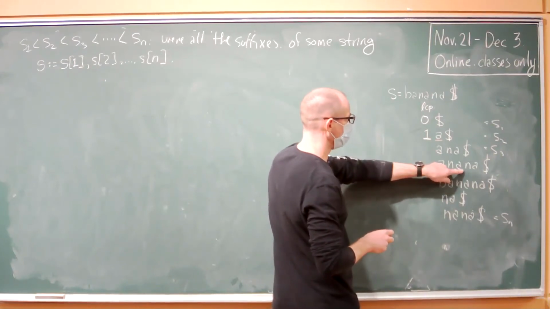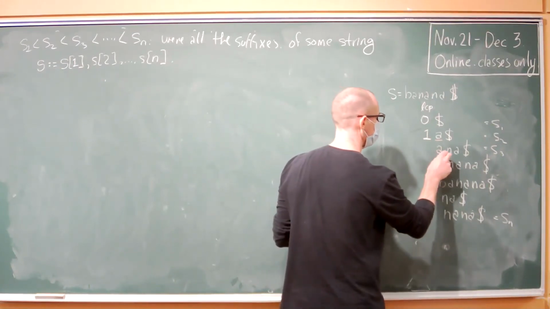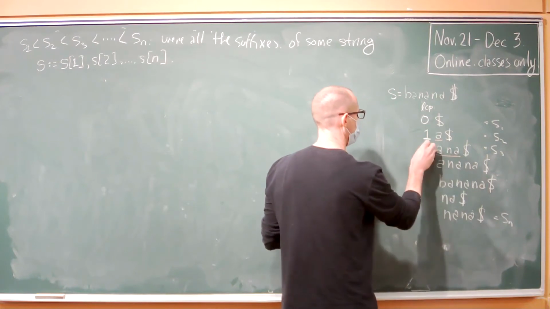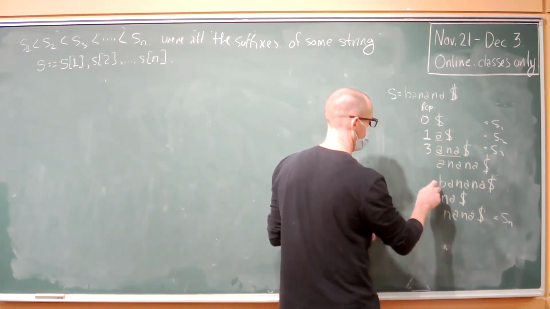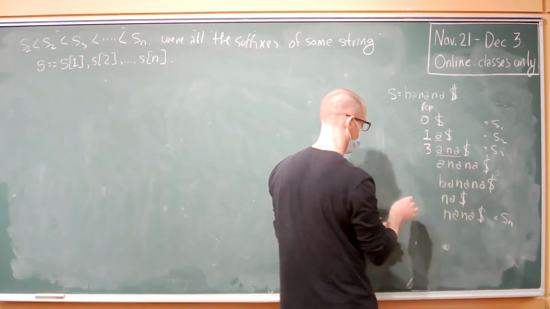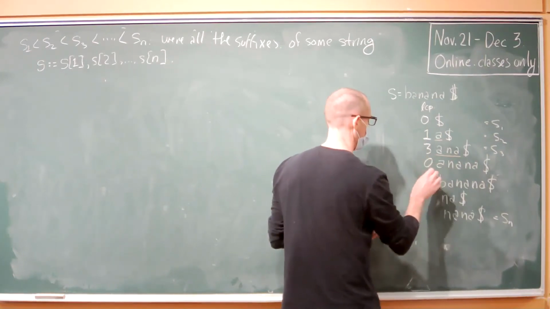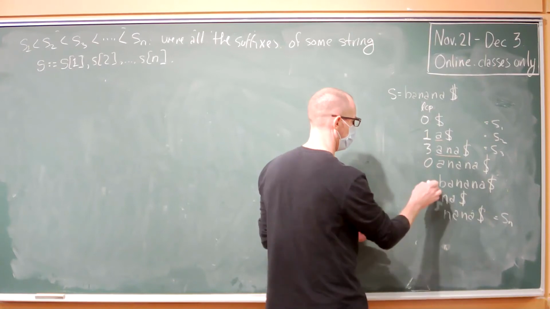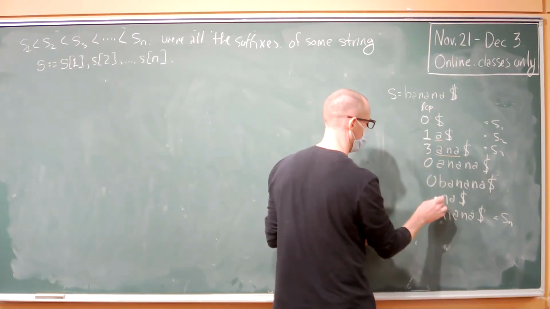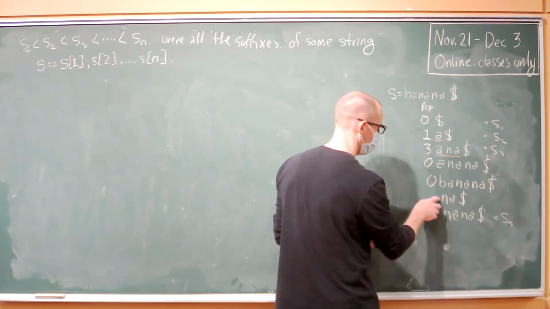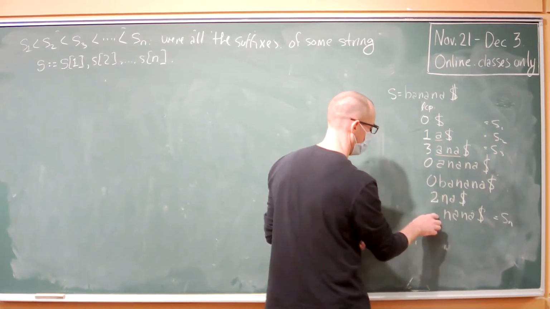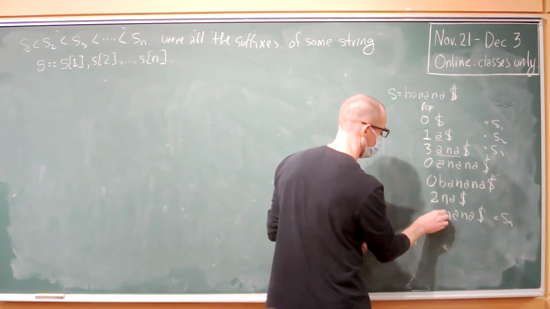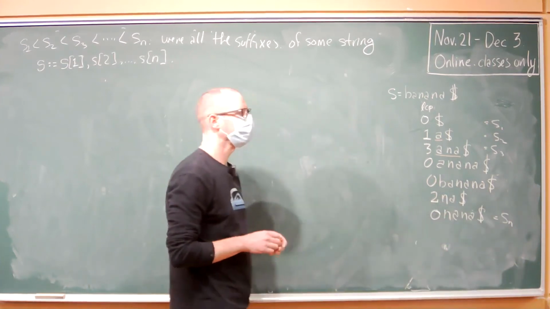This one and this one agree in their first 3 characters, so that's a 3. This one and this one differ immediately, that's a 0. This one and this one differ immediately, that's a 0. But this one and this one agree in 2 characters, and this one by definition is a 0 because there's nothing after it.